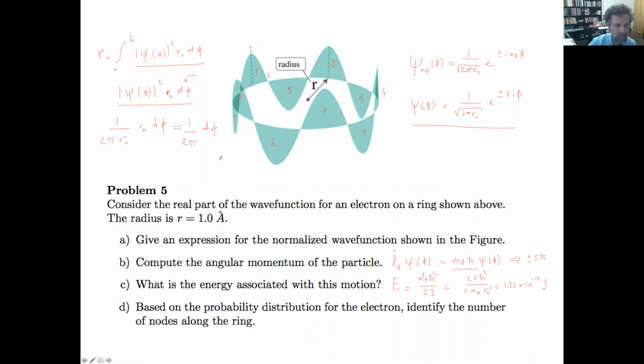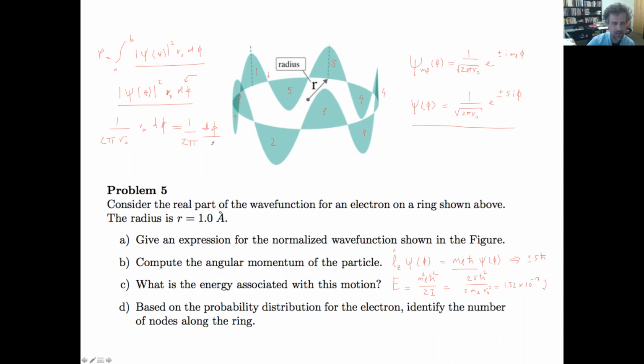So what does that mean? There is a chance of 1 over 2 pi to find a particle anywhere along a particular element along the ring, d phi. For each particular position, any very small element d phi along the ring has an equal chance, namely 1 over 2 pi, of finding the particle.